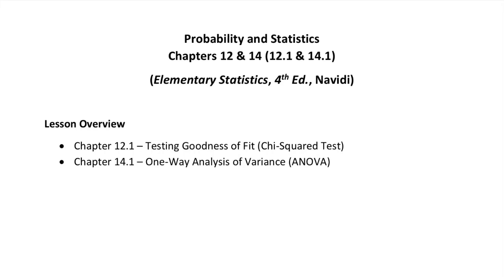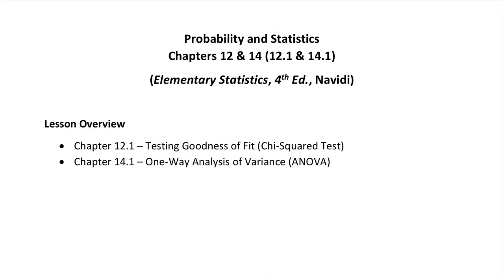Specifically, we're going to be looking at, in chapter 12, what is called the goodness of fit test, or chi-square test. And in chapter 14, we're going to look at what's called the one-way analysis of variance, or more often called ANOVA. These two tests, like we've been looking at in the last few lessons, just deal with more hypothesis tests. And so these are just special cases where, in the past, we looked at one sample, two samples.